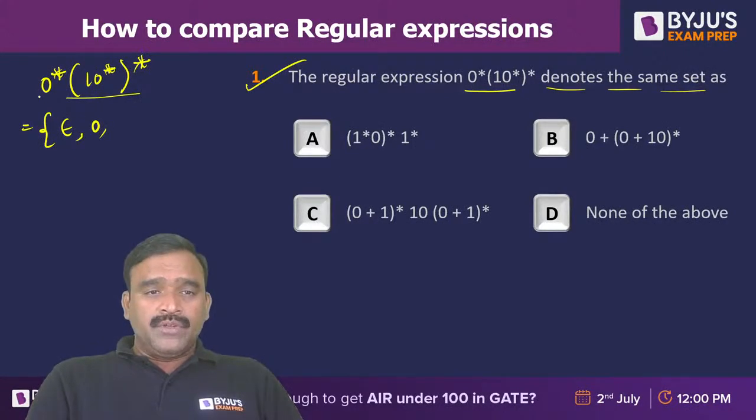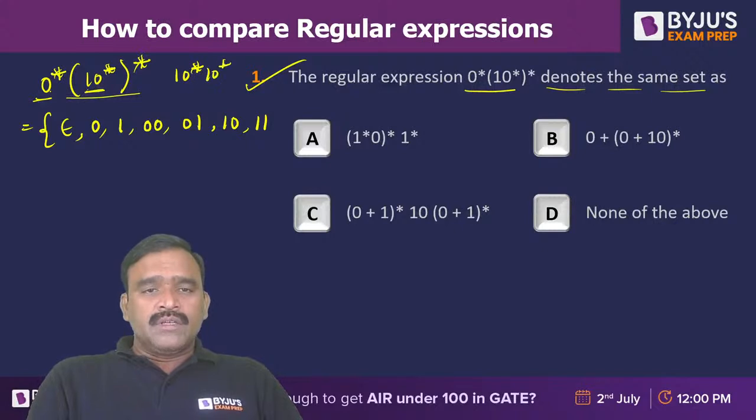A single 1 is possible, in 10* I can take 1. 00 is possible from 0*, 01 is possible, and 10 is possible directly from this. And 11 is also possible because 10* can be taken twice, by taking 0* as epsilon. Like that we can take the strings.